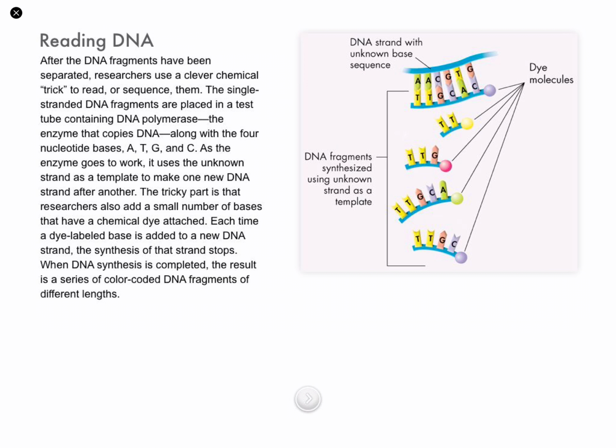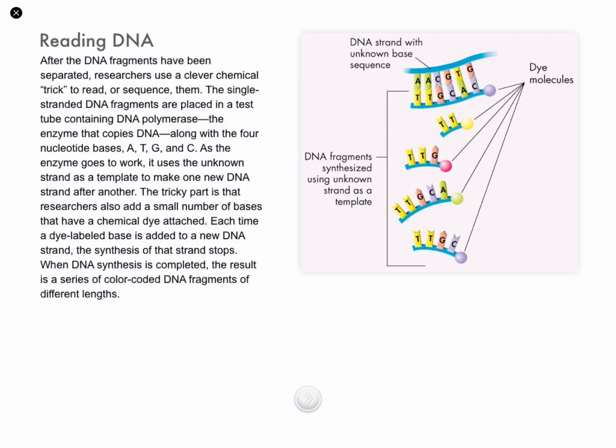Reading DNA. After the DNA fragments have been separated, researchers use a clever chemical trick to read or sequence them. The single-stranded DNA fragments are placed in a test tube containing DNA polymerase, the enzyme that copies DNA, along with the 4 nucleotide bases A, T, G, and C. As the enzyme goes to work, it uses the unknown strand as a template to make one new DNA strand after another.